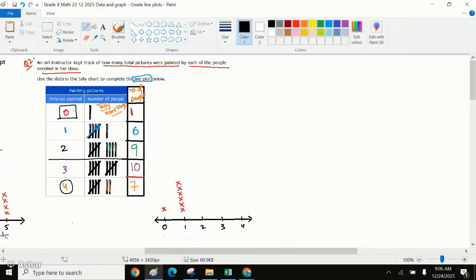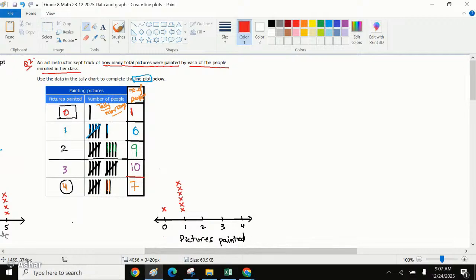And the most important thing is we need to label below this. So we need to write pictures painted, because this information is representing how many pictures were painted. 0, 1, 2, 3, 4 represents how many pictures were painted.